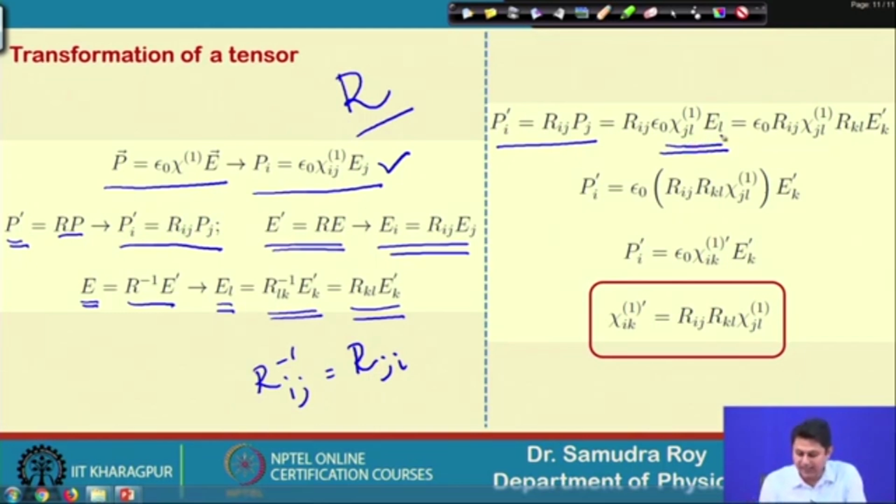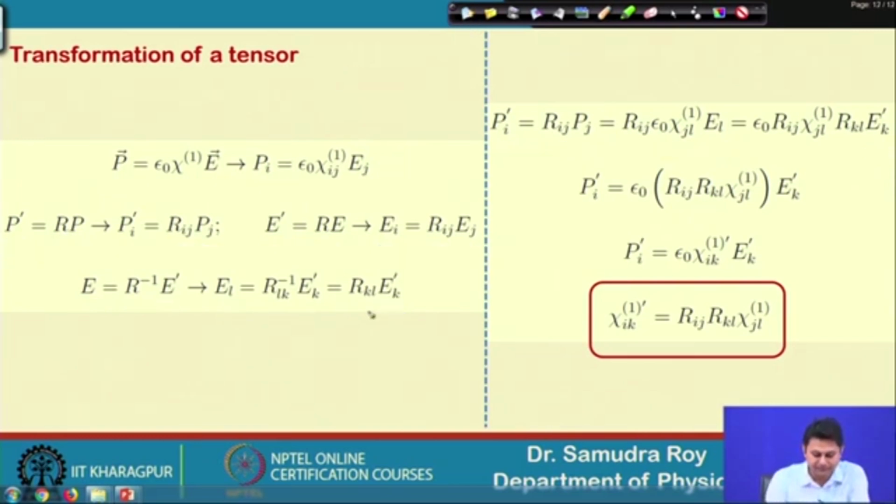Now E_l again I can write in terms of E prime, which I have already derived here, how E_l is represented in terms of E_k prime. So in the prime frame I just write it.